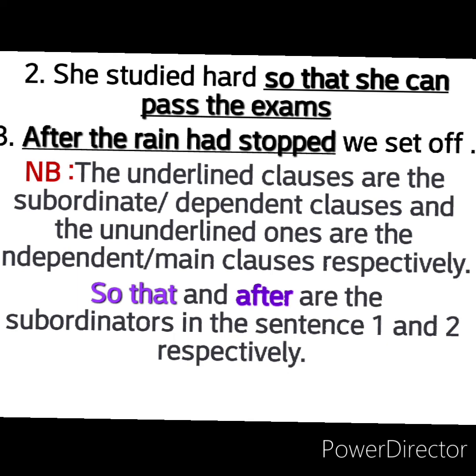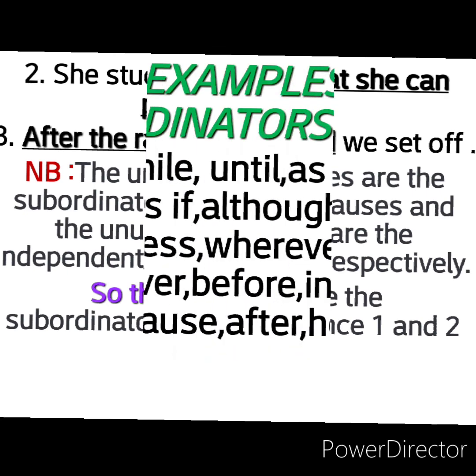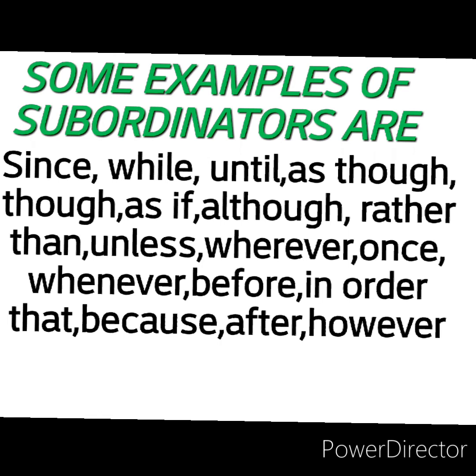"So that" and "after" are the subordinators in sentences 2 and 3, respectively. "So that" is the subordinative conjunction, and in the third sentence "after" is your subordinative conjunction. Good.